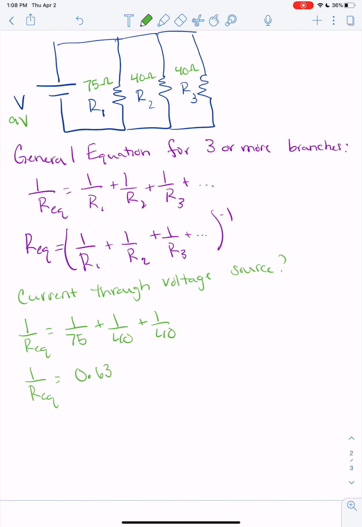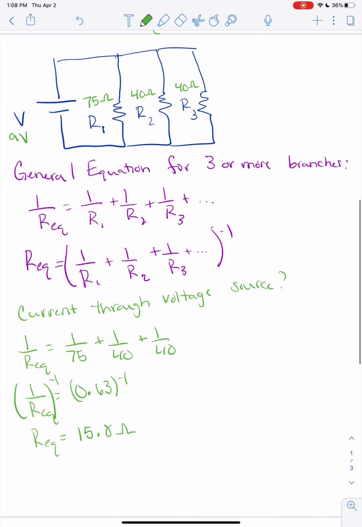Now, we need to get that REQ on top, so that means we need to take the inverse of both sides. So now I get REQ, our equivalent resistance, equals the inverse of 0.63, which is 15.8 ohms.